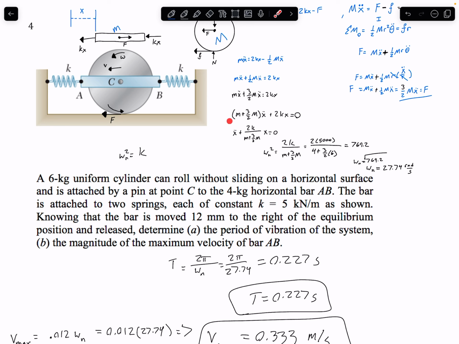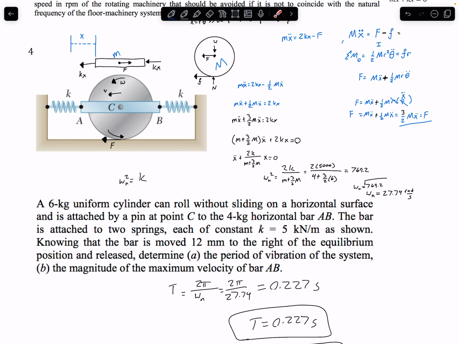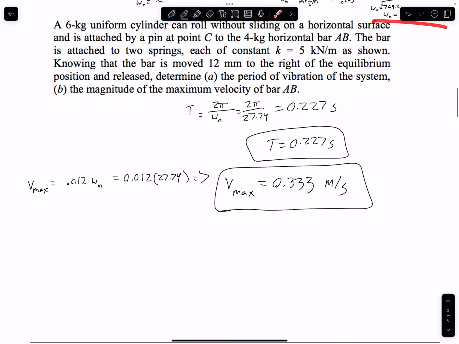So we can divide by m plus 3/2 m, and set that equal to omega n squared. We get an omega n value of 27.74 radians per second.